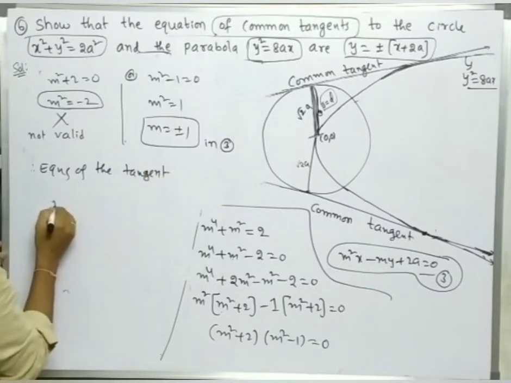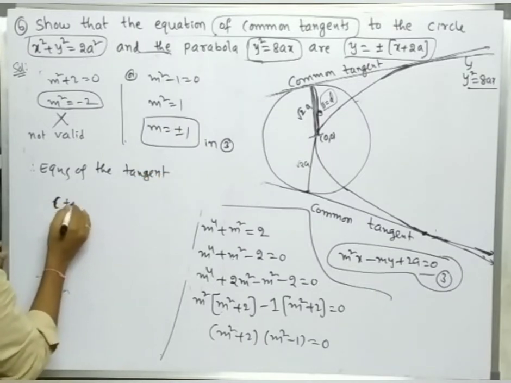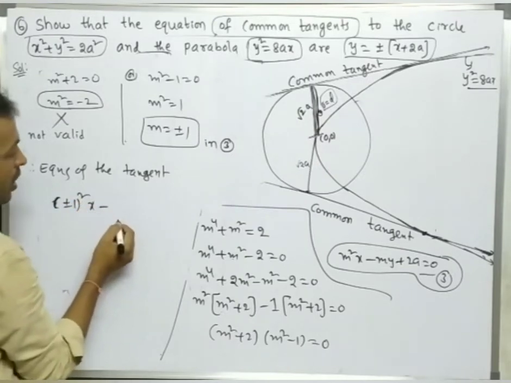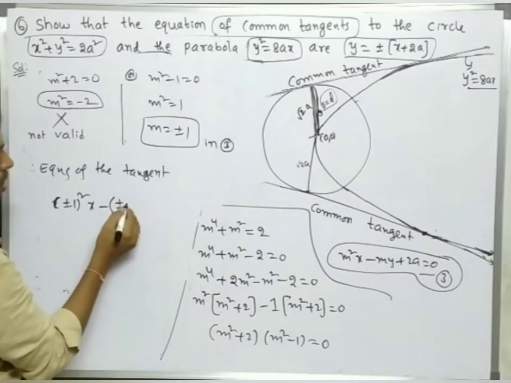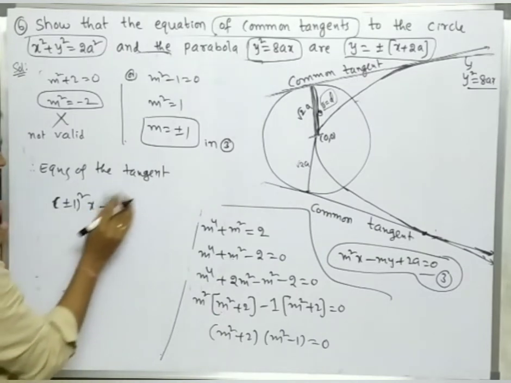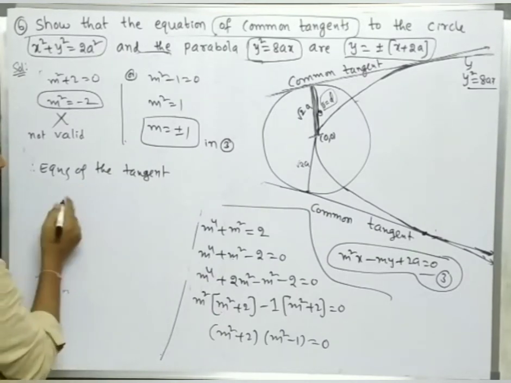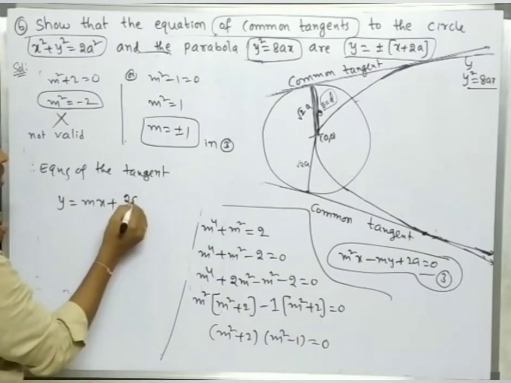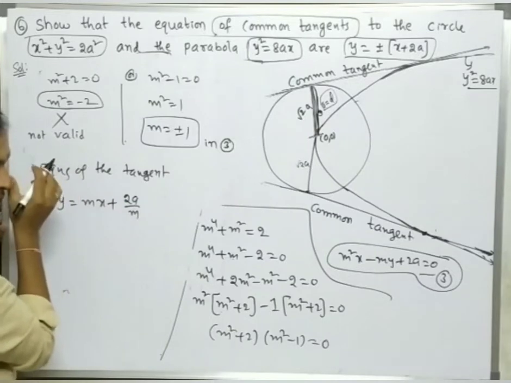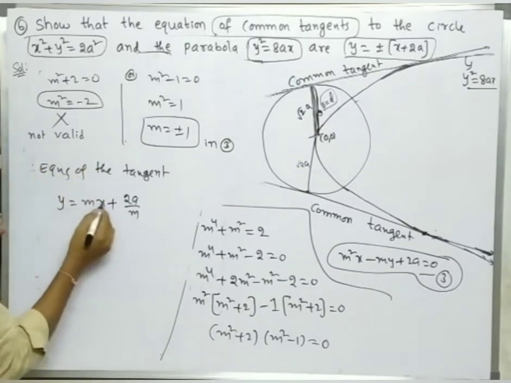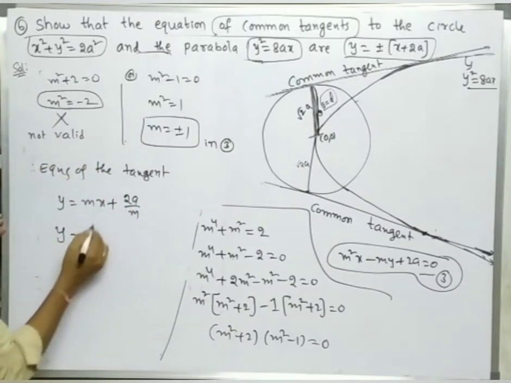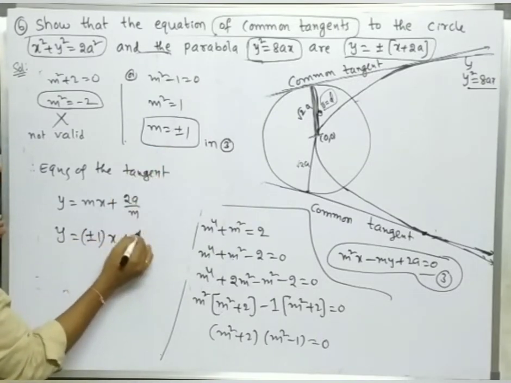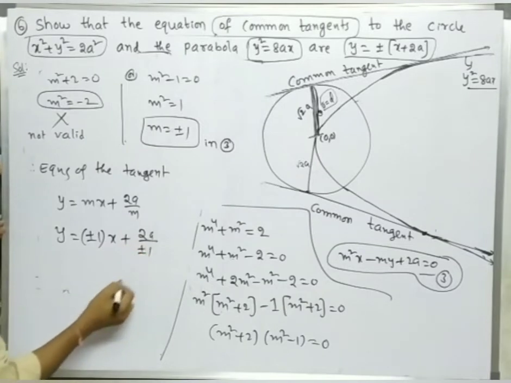What is the equation of the tangent? Y is equal to mx plus c, the very first equation we got. So y is equal to m value plus or minus 1 into x plus 2a by m, plus or minus 1.